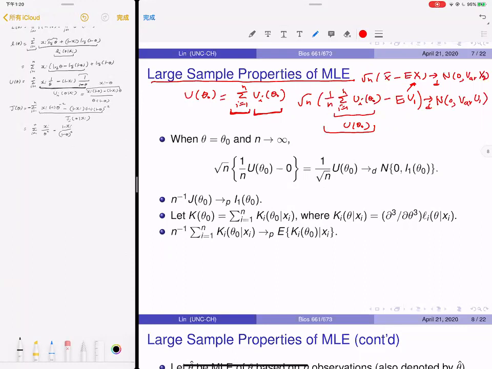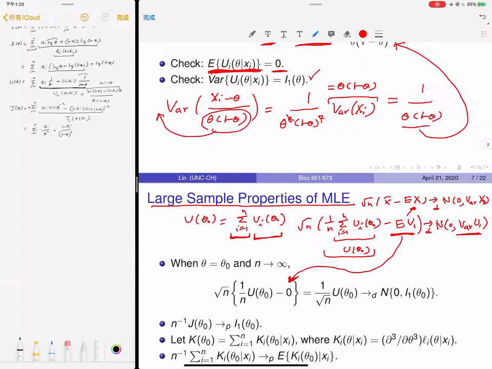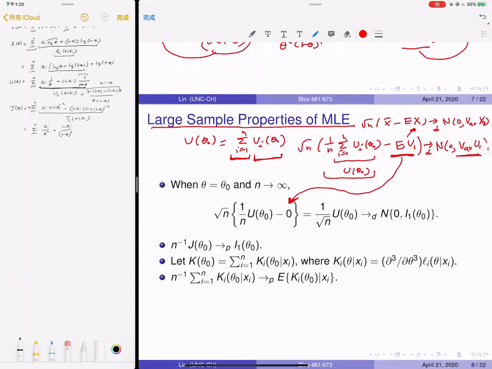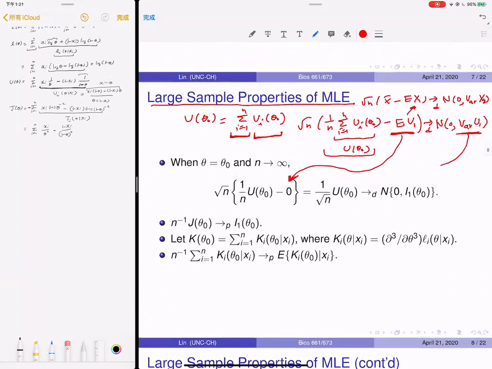And then what is EU1? Nothing but 0. Again, the expected value of the score function is 0. Then what is the variance of U1? Variance of U1 is I1, the information number. So no wonder the whole thing is nothing but the central limit theorem.